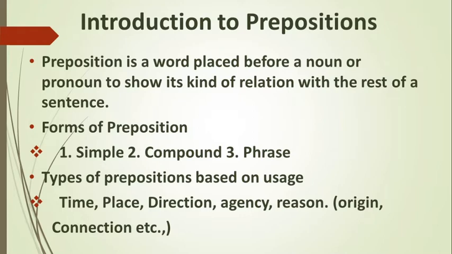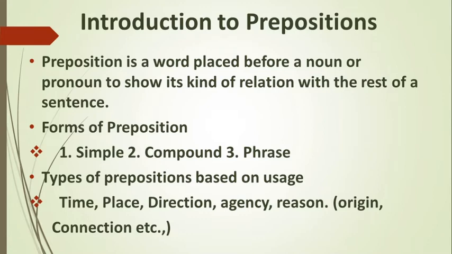Next one is prepositions of purpose or reason. Prepositions of purpose or reason describe why something has occurred or will occur. For example, because, for, on account of, etc. Similarly, the prepositions of origin show the genesis of something, and prepositions of connection also show how something is related to another.